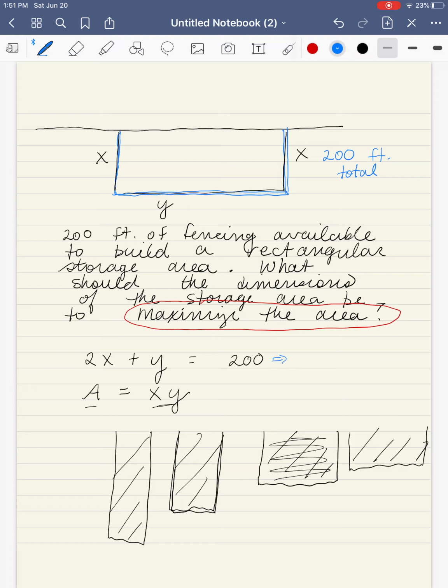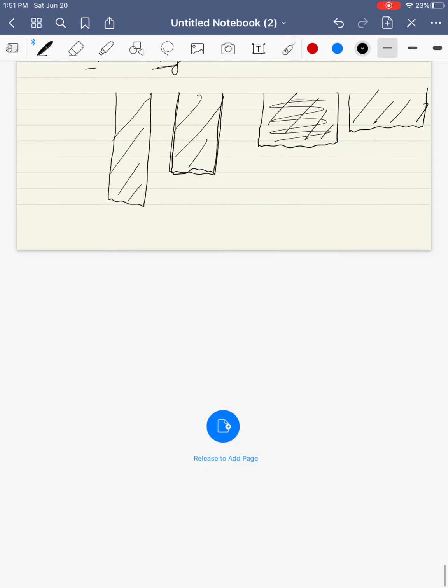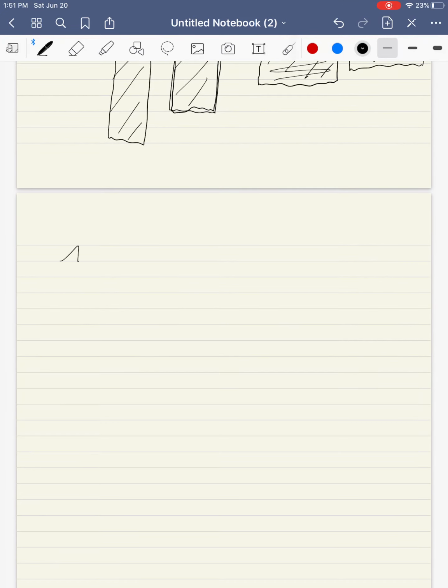I need to get this as a function in terms of one variable. So what I'm going to do is solve for y in terms of x. And I can do that by just subtracting the 2x. So I see that my y here is 200 minus 2x, for the length all the way around to be 200 total.